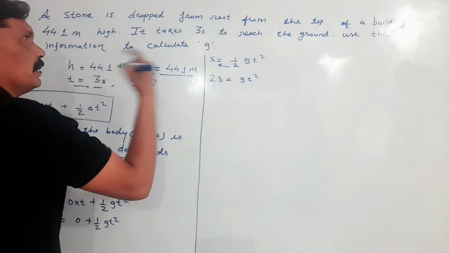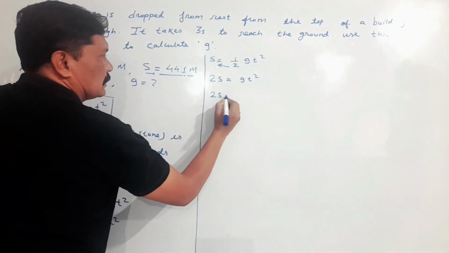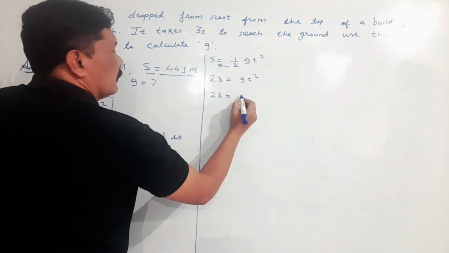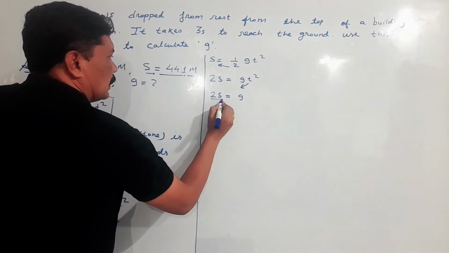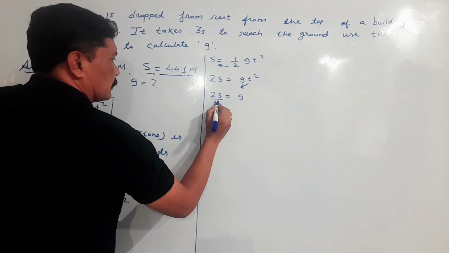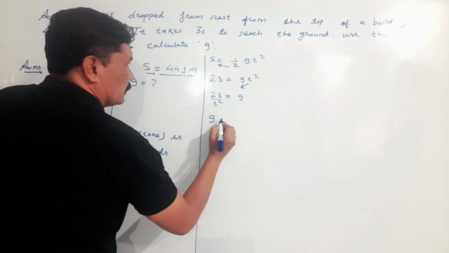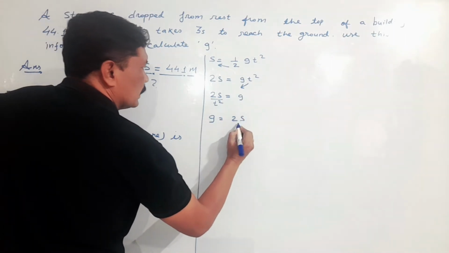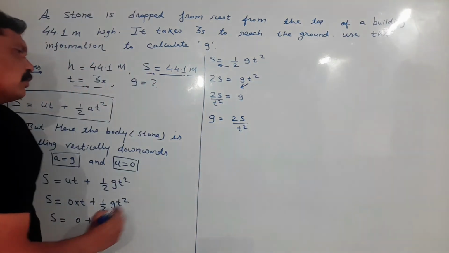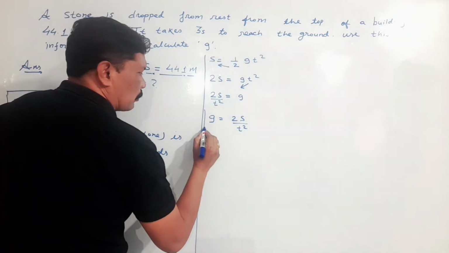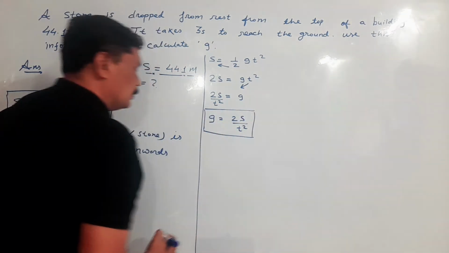My dear student, here we have to find acceleration due to gravity. So we will write twice S as it is, and g also will keep as it is, and we will take t square to the other side of the equation. Now my dear student, here we got an equation where g is equal to twice S upon t square. From this formula, my dear student, we can find acceleration due to gravity.